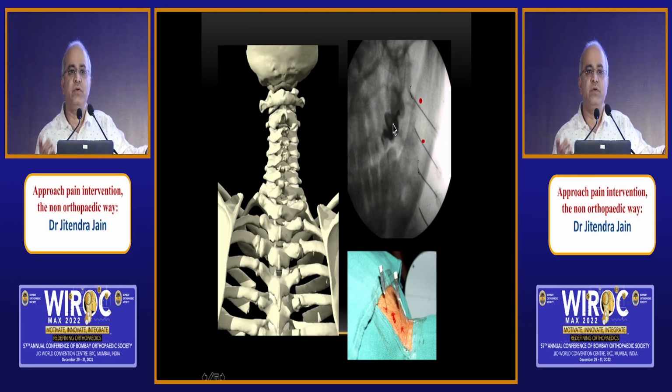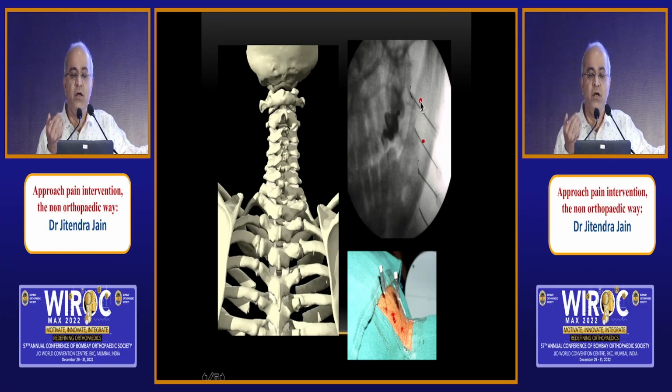Now, once you have diagnosed that the patient has median branch pain, and the patient has improved post-median branch block because of the neck pain, then you can plan a definitive procedure of RF if the pain comes back. And usually the entry point in these patients, because you can see the waist of the facetal pillar, that's where the median branch is.